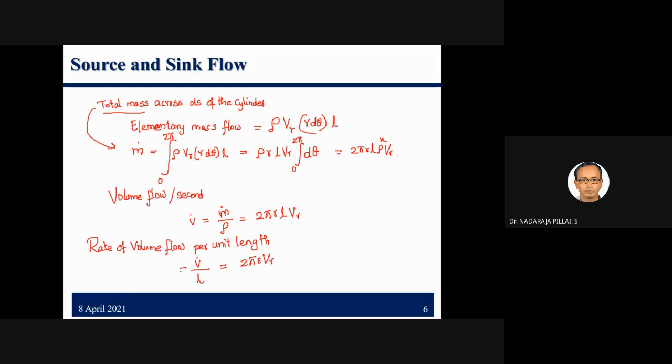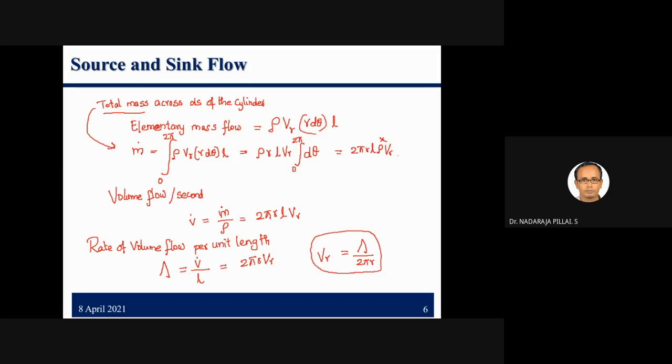This volume flow rate per unit length is expressed as the term called lambda, and further we can say that Vr is equal to lambda by 2 pi R.